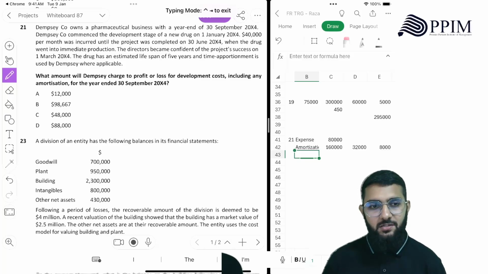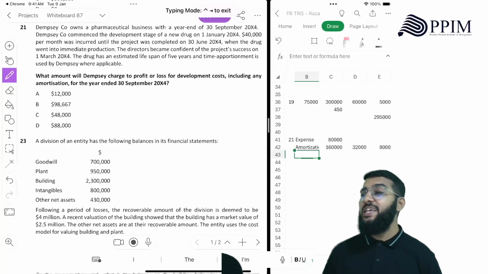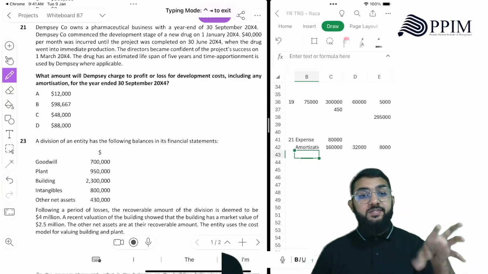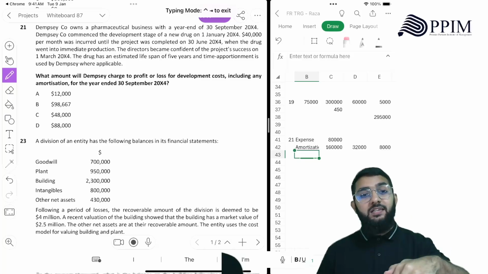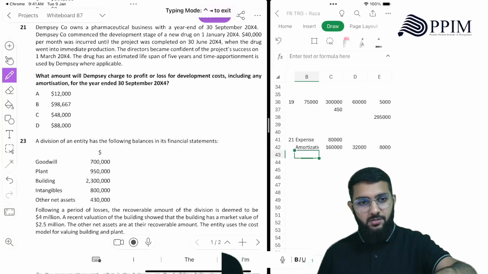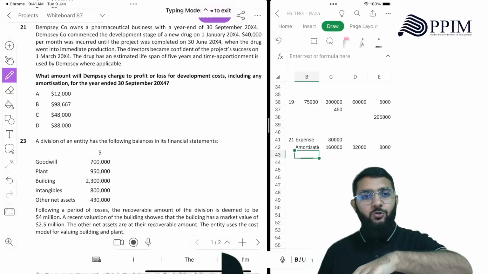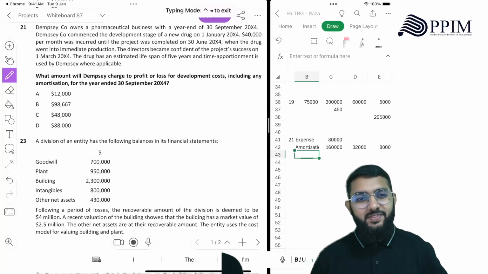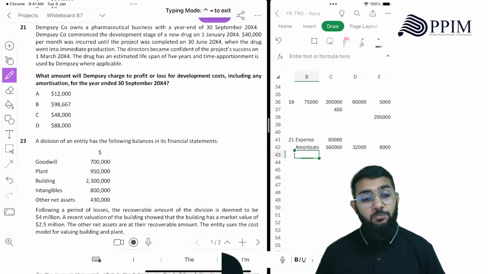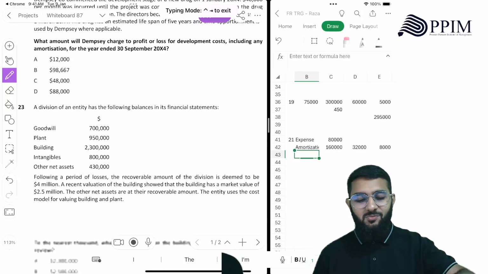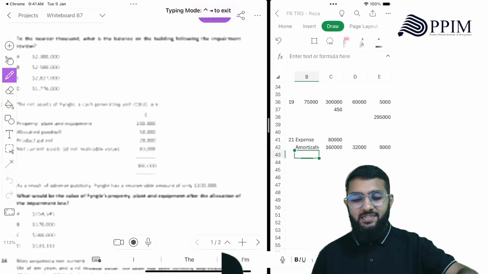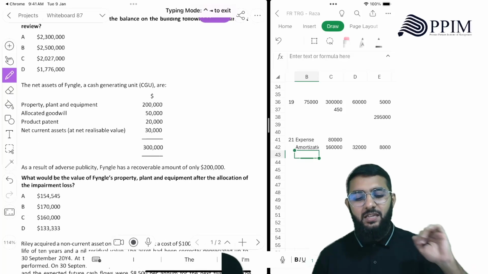Do you think that building is impaired? Remember, IAS 36 says you first impair what is impaired. You let what is not impaired at the actual amount. Then you remove the goodwill, then you allocate the rest. So building would remain. I mean, there is no impairment on the building. But is it going to be 2.3 million, 2.5 million? 2.3. Very good. Why? They're saying entity uses a cost model for valuing building and plant. Since it's cost model that they're using, the answer is going to be 2.3.